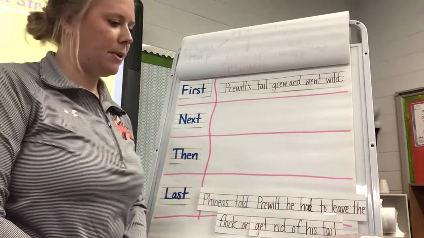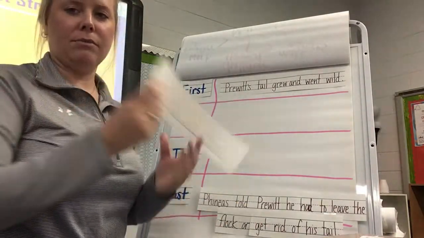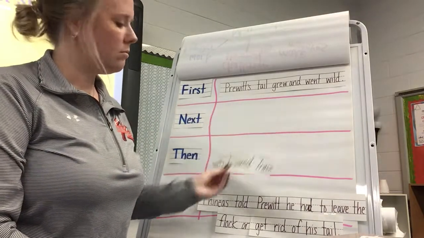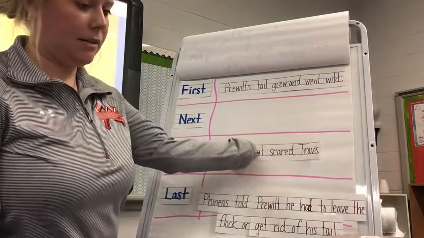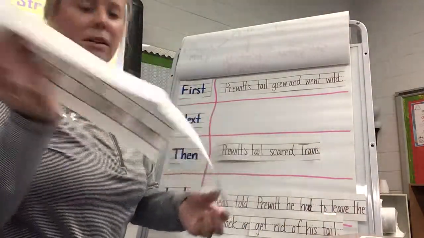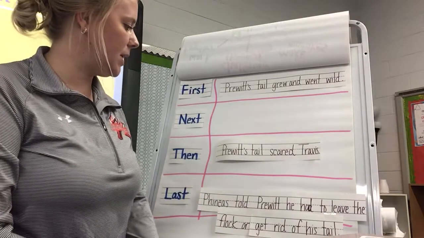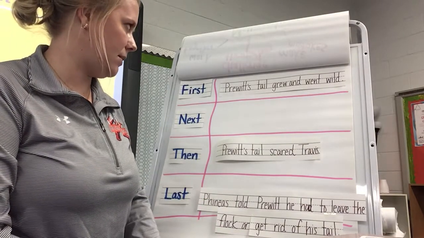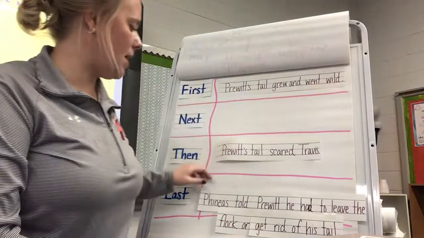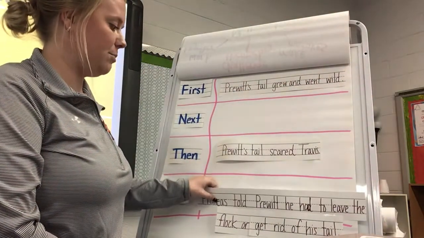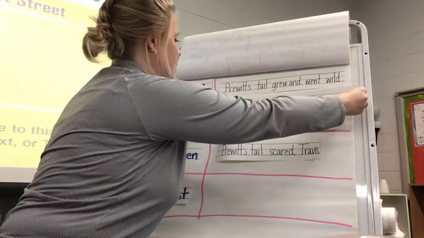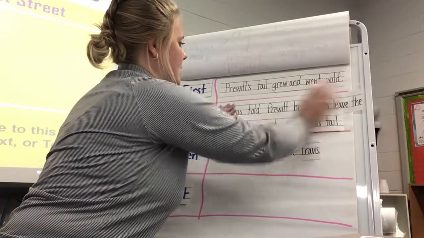Okay, next what happened? Was it Prewitt's tail scared Travis? Was it the Peacocks wanted Prewitt to be their leader and followed him? No. Was it Phineas told Prewitt he had to leave the flock or get rid of his tail? Well, after Prewitt's tail grew and went wild, then Phineas told Prewitt he had to leave the flock or get rid of his tail. So this should be what you put for second.